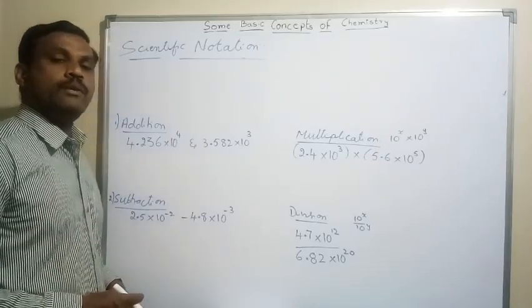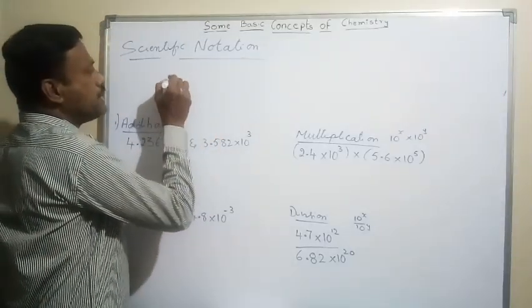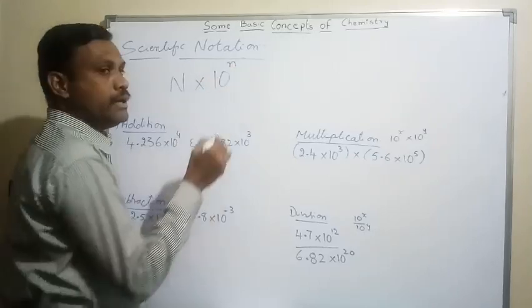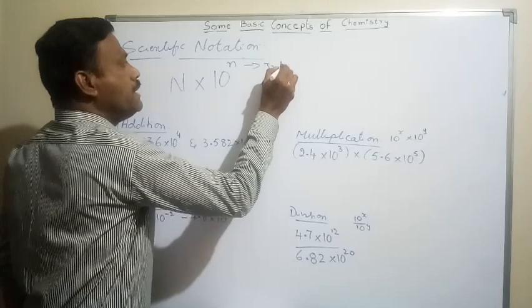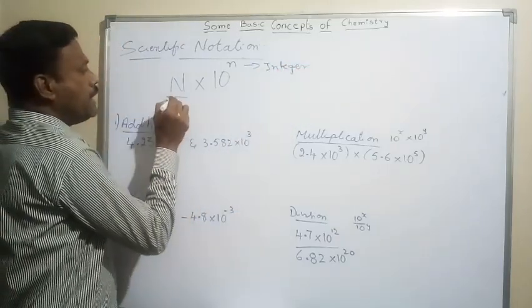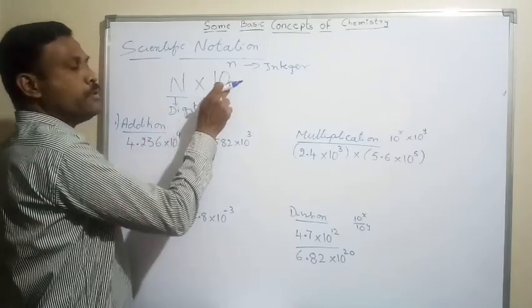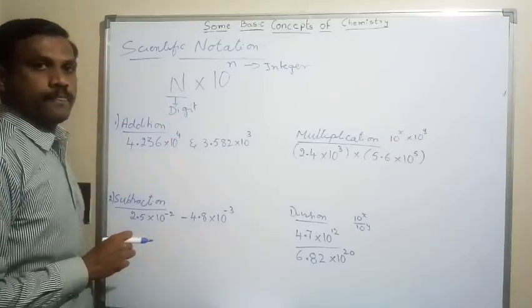Scientific notation is a way of writing very large numbers and very small numbers in a simple method. It is represented as N into 10 to the power of n, where small n is an integer and the capital N is the digit, exponent form and the numerical form.